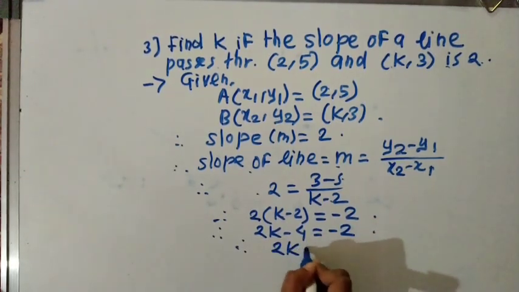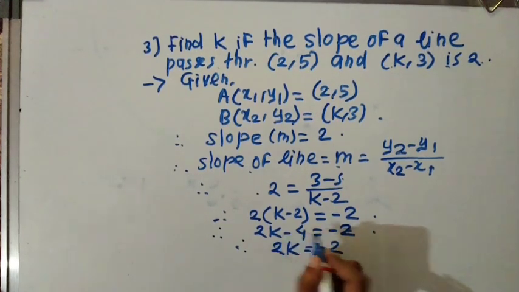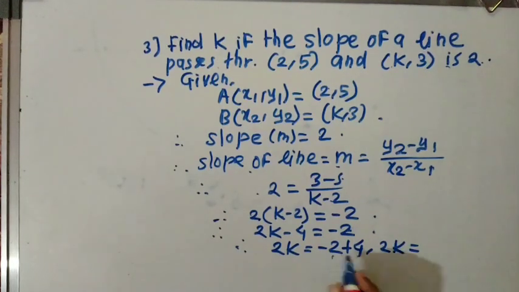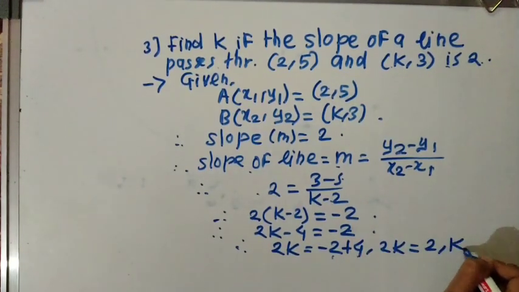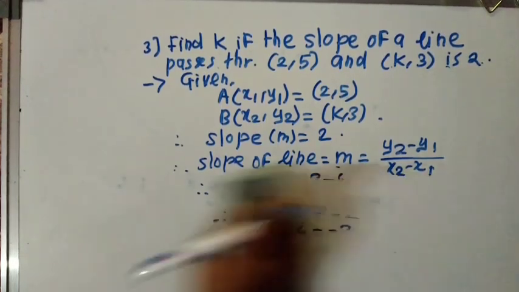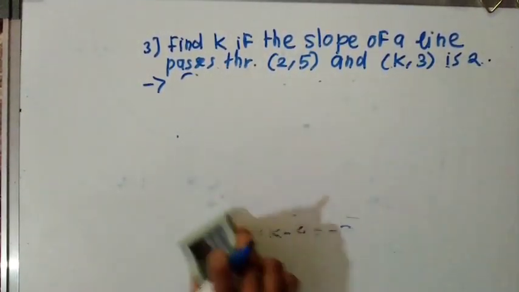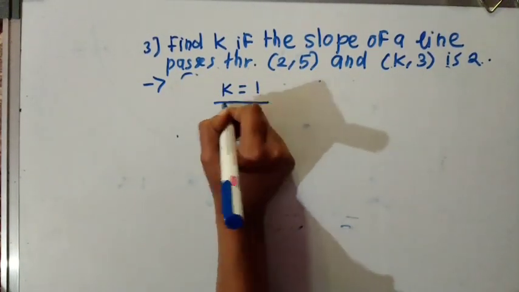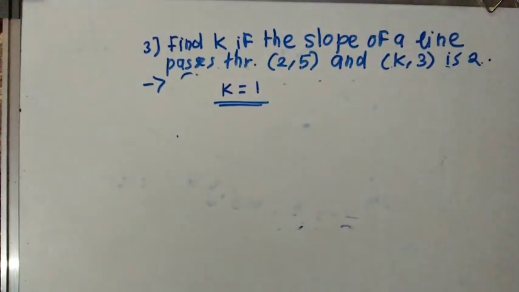Hence 2k is equal to minus 2 plus 4, so 2k is equal to 2. Hence k is equal to 2 upon 2, which is 1. So k is equal to 1. In the next chapter we will give other examples of this type.